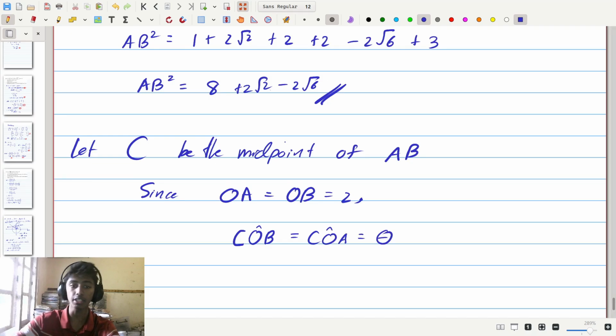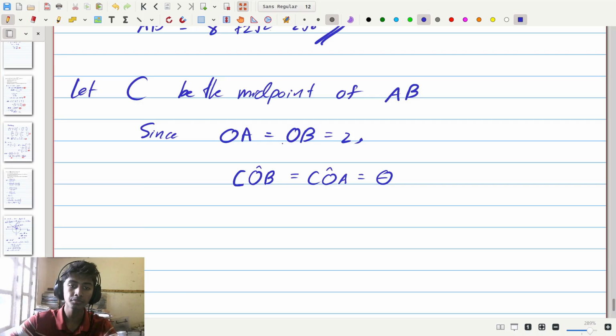I'm going to call it theta. And furthermore, we can say the angle OCA, we could say OCB as well. We'll actually say that.